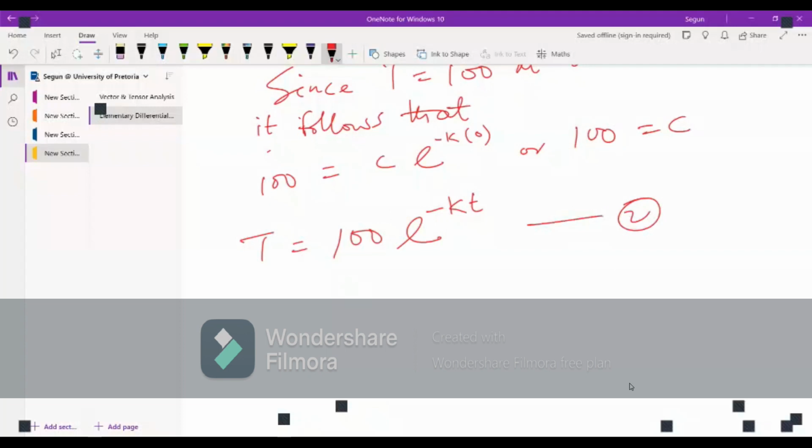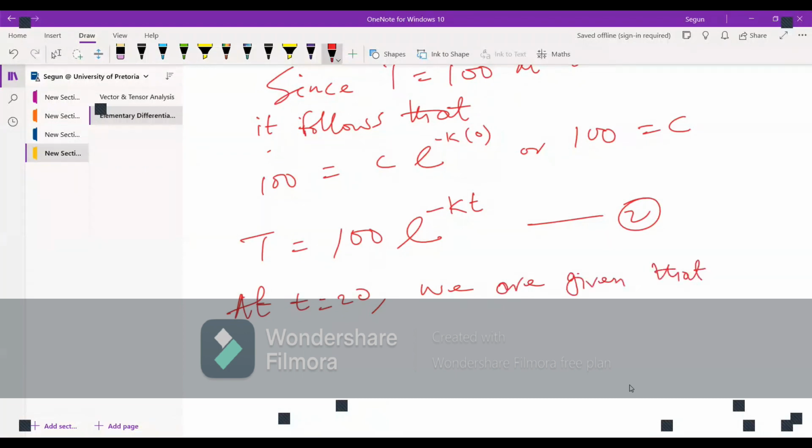Now, the question goes further. It says, after 20 minutes, what happened? At small t equals to 20, we are given that capital T equals to 50.